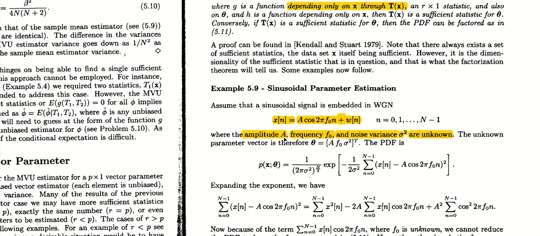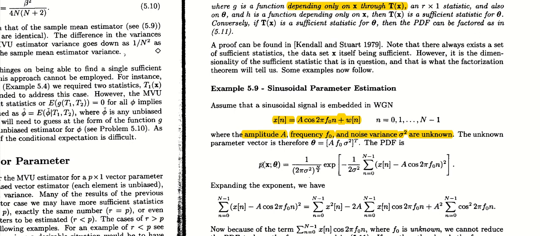You have multiple, which is A, F0, and sigma square. The unknown parameter vector is therefore theta equal to A, F0, sigma square transpose. The reason we take the transpose is that we are used to a column vector, so we have to take a transpose to make a column vector.